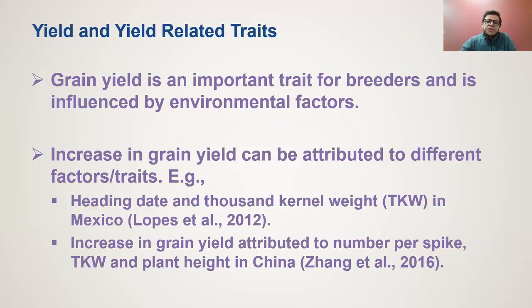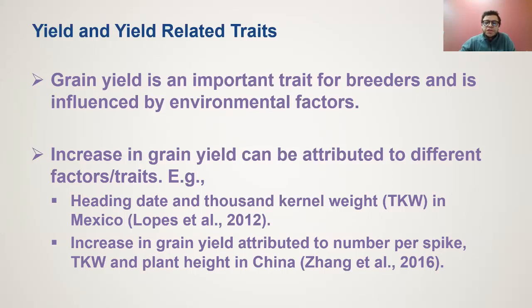Grain yield is a complex trait which is influenced by multiple genetic loci and other traits. Here is just some literature to understand the importance of yield components. For example, yield increase was attributed to heading date and high 1,000 kernel weight in Mexico.